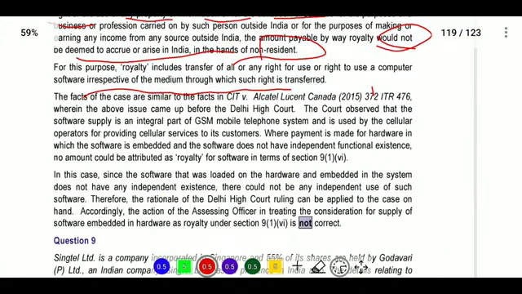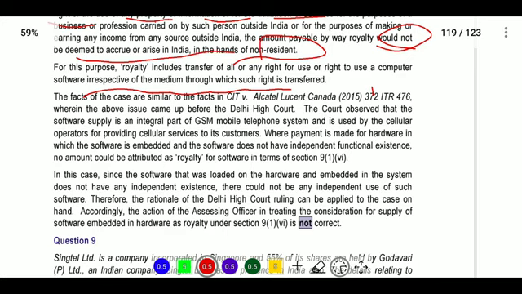Next, the facts of a similar case were provided. The court observed that software supply is an integral part of the GSM mobile telephone system and is used by the cellular operator for providing cellular services to its customers, where payment is made for hardware in which the software is embedded and the software does not have independent functional existence.